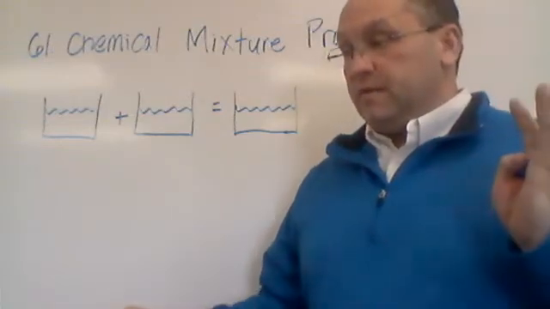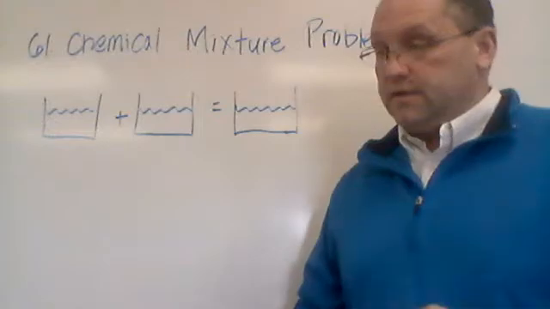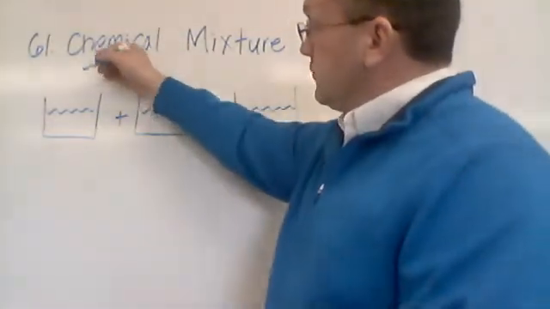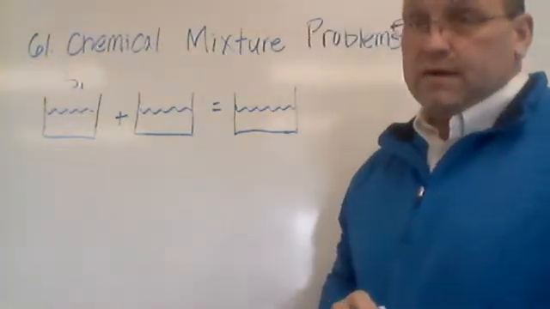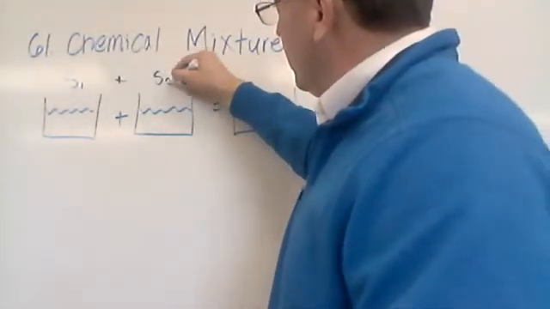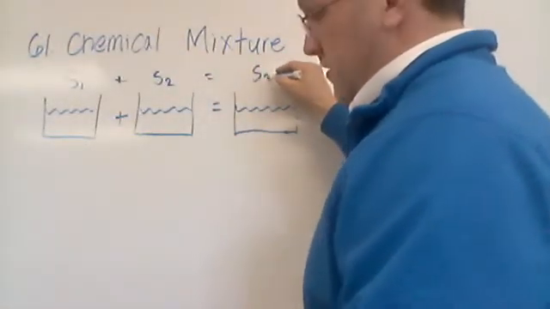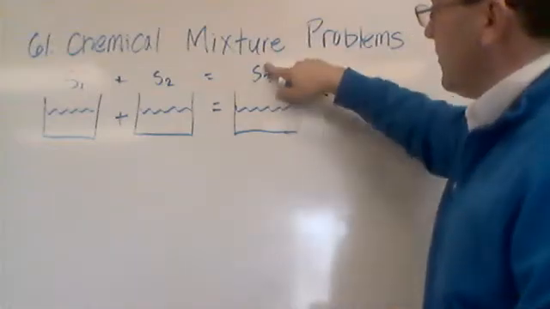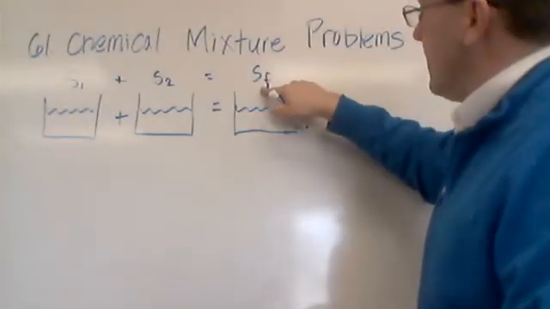So that will be the percentage of glycol and water together. It's real simple. The amount of solution number one plus the amount of solution number two is going to equal the amount of solution number three, or I call it the solution final.